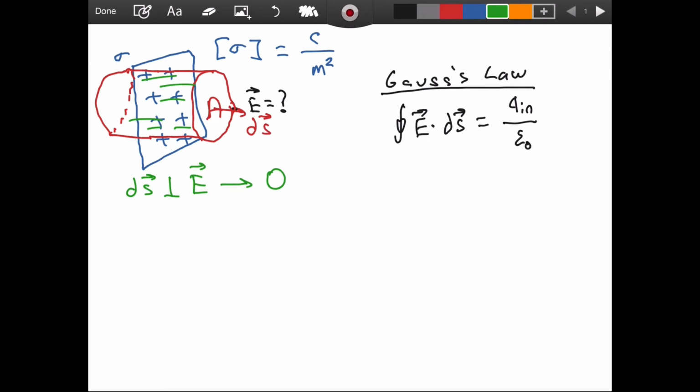So we will be only interested in the circles, in these guys. So what is the surface area of two circles? Well, it is 2A. The surface area is 2A. And notice we can't just say A because the field is also going in this direction, and we are interested in a closed surface. That's why we need to say 2A.